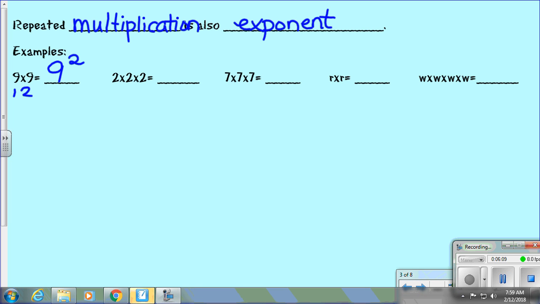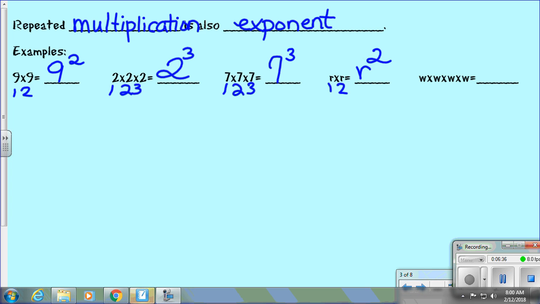And you get it by counting. 1, 2, 3. 2 to the third power. 1, 2, 3, 7 to the third power. 1, 2, r to the second power.